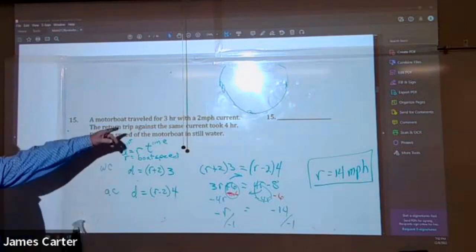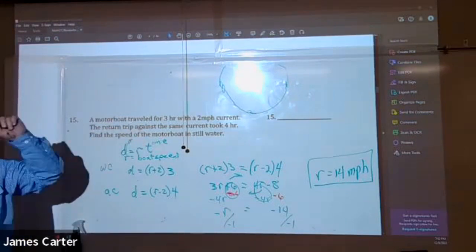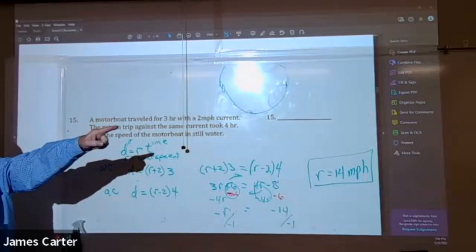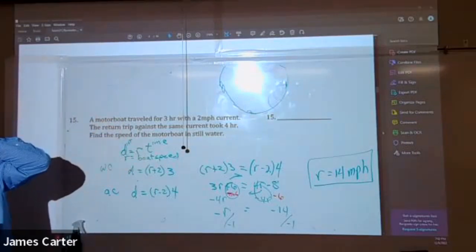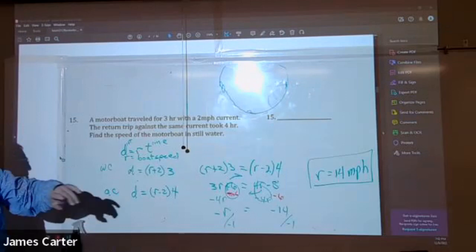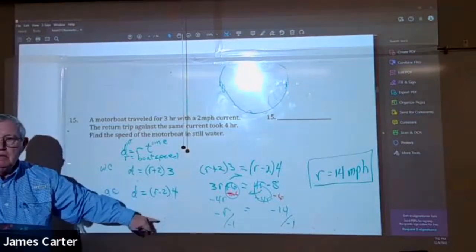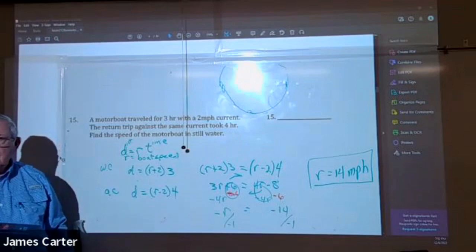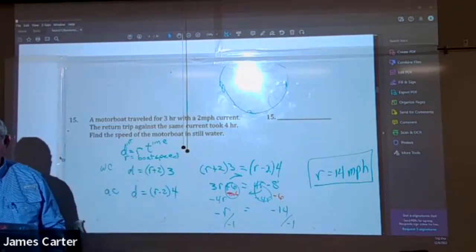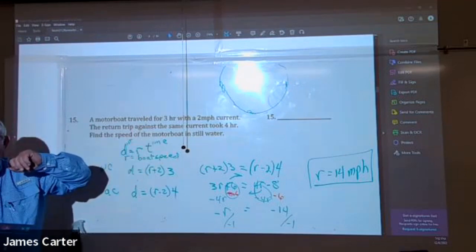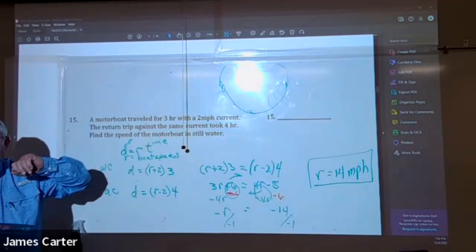Well, just remember, I don't care whether it's an airplane flying through the sky against a current, a speed of wind, or with a wind, it's going to be this kind of a speed. It's always going to be that way, and your D equals RT is going to be your basic formula.